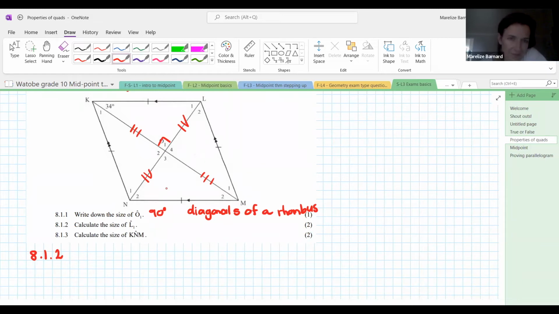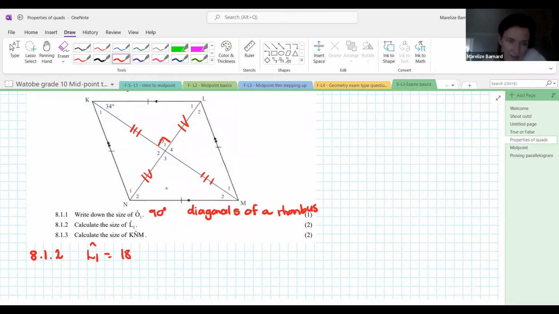Ma'am, what I did was I saw they were equal size because of this congruent something. Or am I wrong? No, I took 90 degrees and 34 degrees and subtracted them from 180. My reason is sum of interior angles in a triangle.